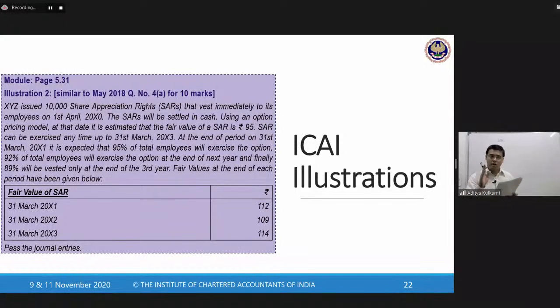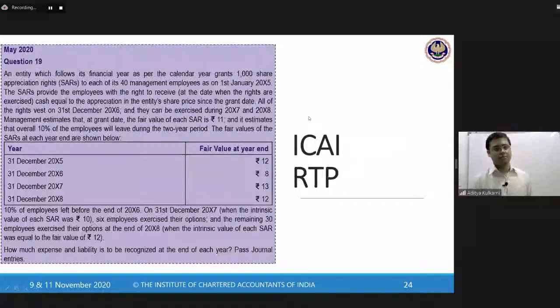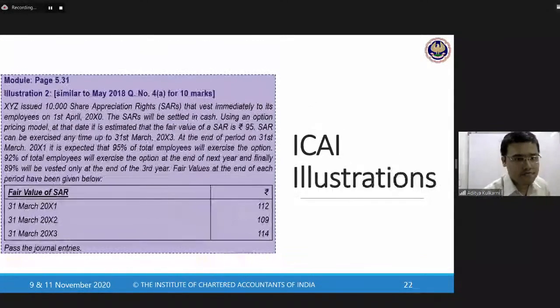All your questions on Ind AS 102 have come in all the exams. I do not want you to lose even a single mark on this, because it is a simple chapter and you should be able to score the marks entirely. So illustration 2, I leave it to you to do. I will do a similar question.